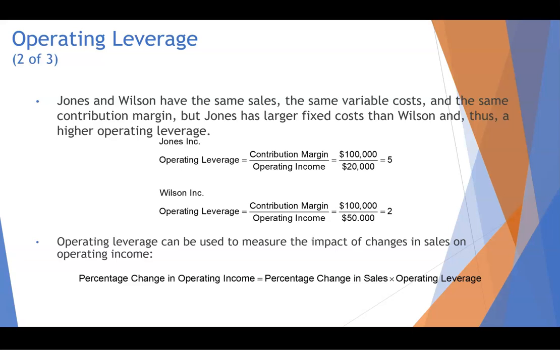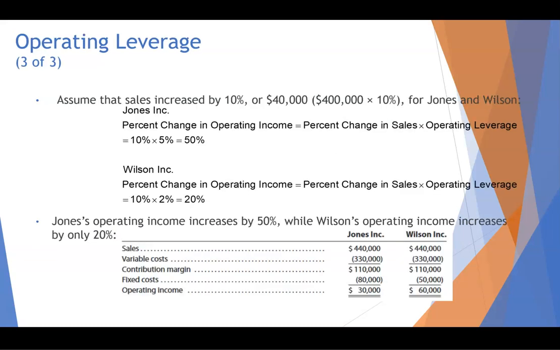Operating leverage can be used to measure the impact of changes in sales on operating income. So in this case, if the sales increase by 10% or by 40,000 for both Jones and Wilson, the percent change in operating income is going to equal the percent change of sales, 10%, times the operating leverage of 5, which is a 50% change in operating income.